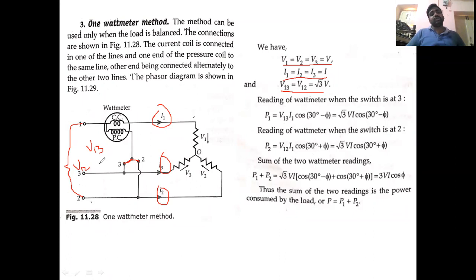As the load is balanced, V13 is equal to V12 is equal to root 3 V.